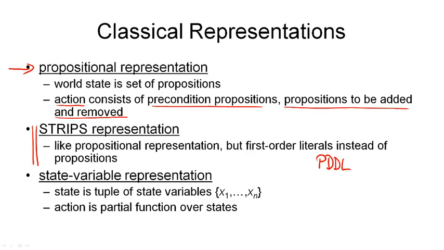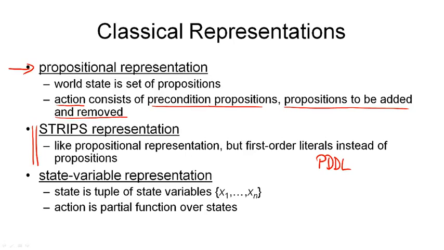As it turns out, this isn't much of a restriction, as every strips operator that has negative preconditions can be translated into an equivalent domain and operator that has no negative preconditions. So any problem that can be represented in one of these two representations can be translated into the other without much difficulty.